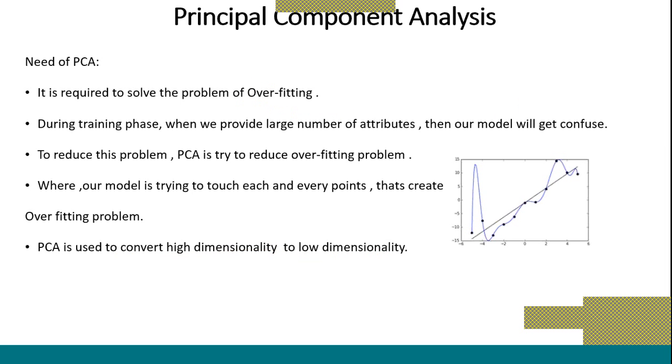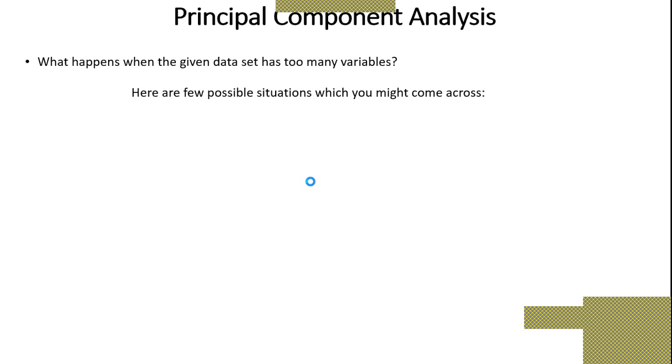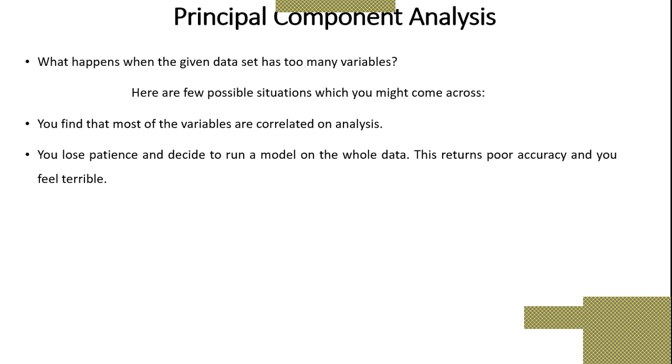So how does PCA work? What happens when the given data set has too many variables? There are a few possible situations which you might come across. You find that most of the variables are correlated on analysis. You go ahead and decide to run a model on the whole data.